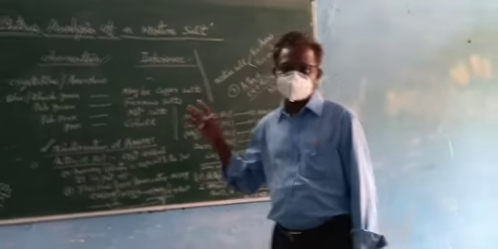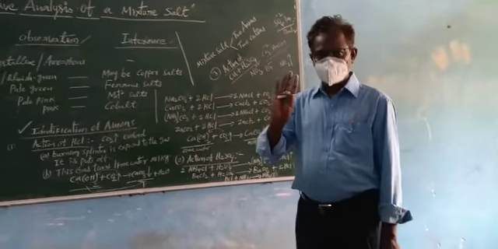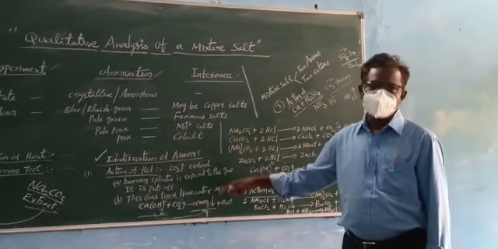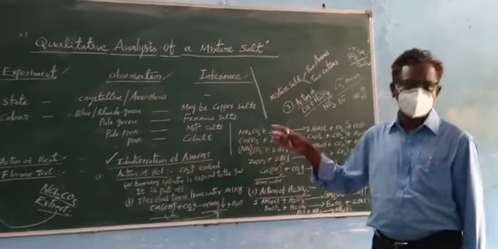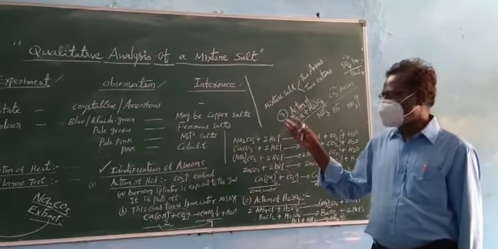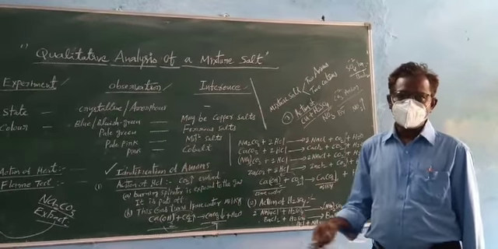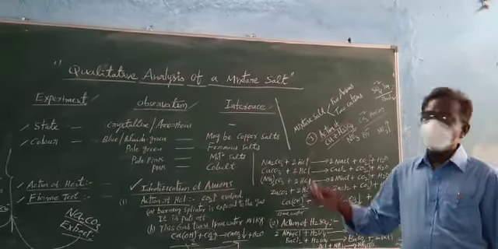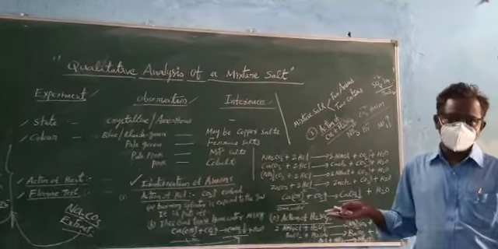After identification of the anions present in the given mixture salt, then we have to do the experiment on confirmatory test for the above positive anions.